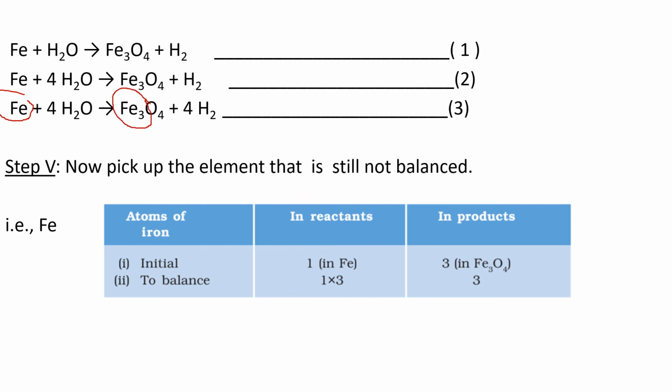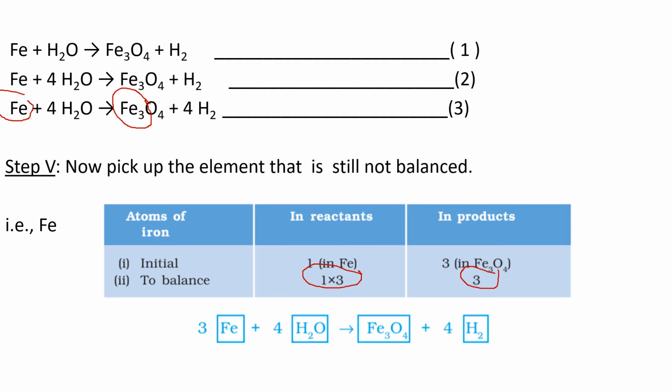So for balancing, we need to have 3 on the left hand side and 3 on the right hand side. That is 3 atoms of iron in the reactant side and 3 in the product side to balance the equation.